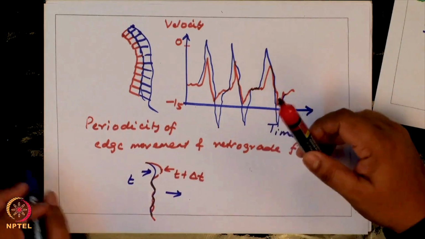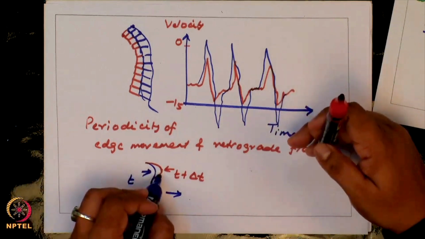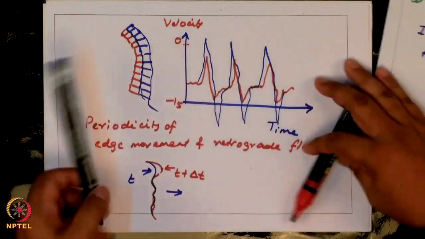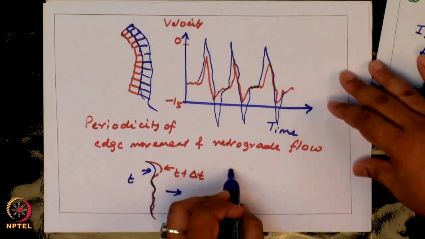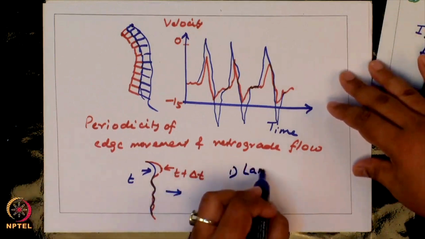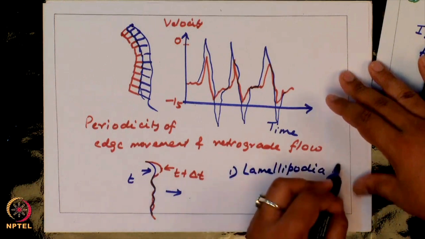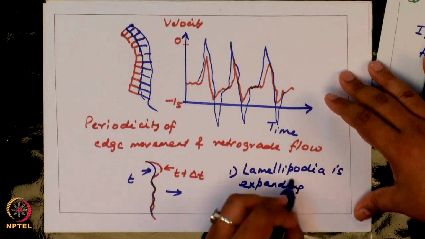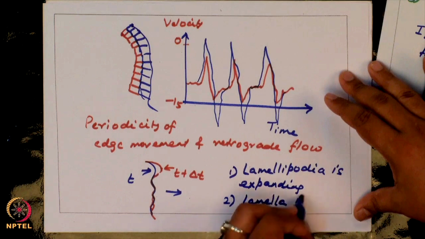So, for this protrusion to happen locally, one possibility is the lamellipodia is expanding, or the other possibility is the lamella is expanding.